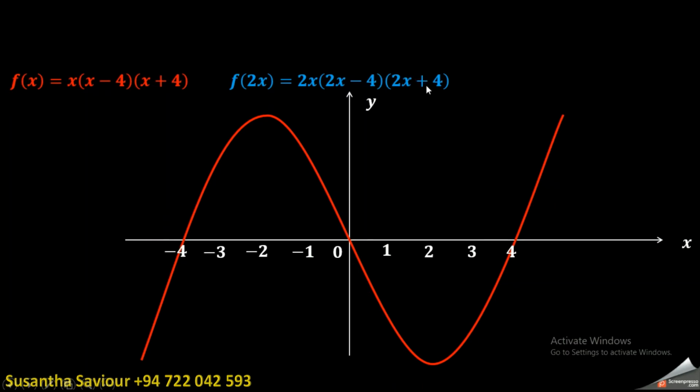This is 2x plus 4 equals 0, 2x equals minus 4, x is equal to minus 2. So it will be here and here. 0 is itself. 0 divided by 2 is 0 itself. So you will have your new curve like this.